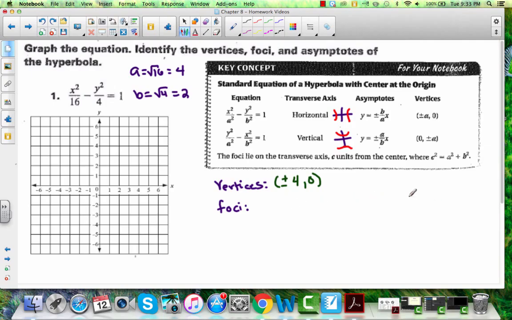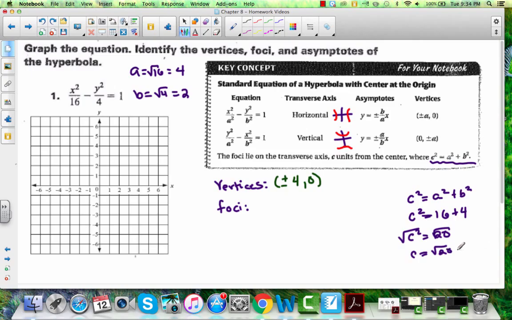Then let's identify what our foci will be. I'm going to do some math off to the side here to calculate my foci. To calculate foci, it's very similar to when we calculated the foci of an ellipse, where it was c squared equals a squared minus b squared. However, in a hyperbola, it's c squared equals a squared plus b squared. In this case, my a squared is 16, my b squared is 4. So c squared is 20. If I take the square root of both sides, then I know that c is the square root of 20.